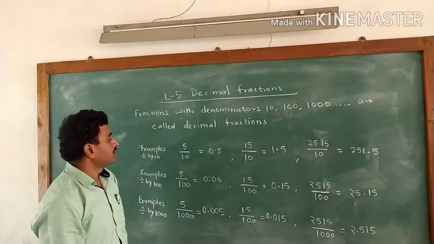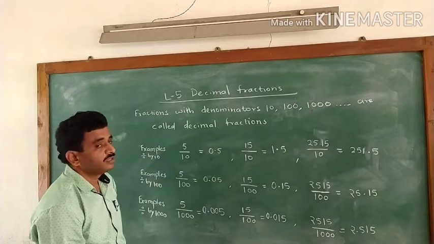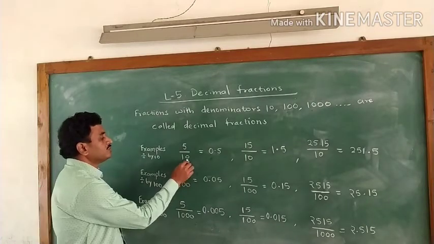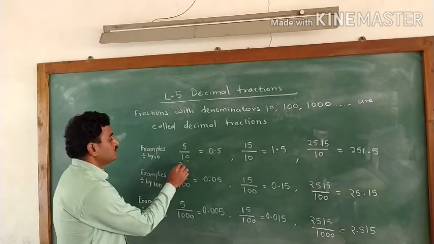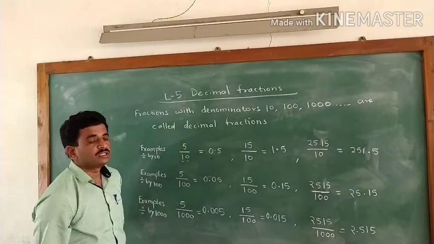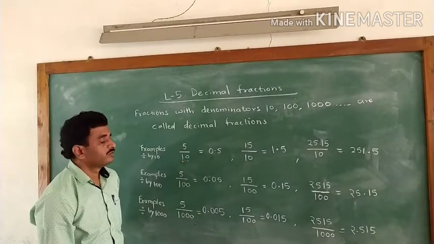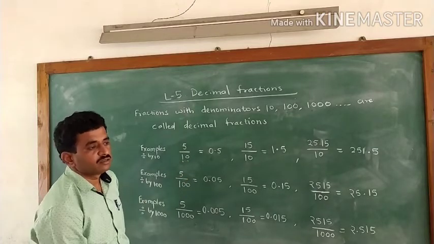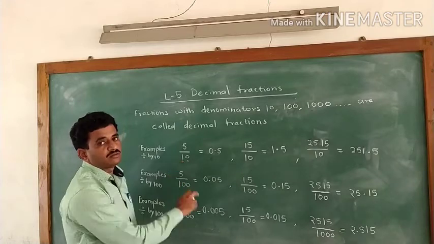When we divide any number by 10, we have to check how many zeros are there after the 1. Here only 1 zero is written. We have to count how many zeros are written after 1.